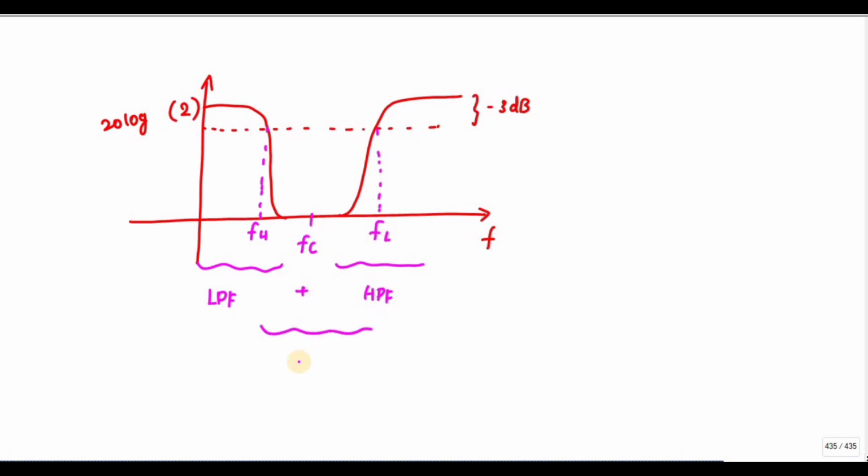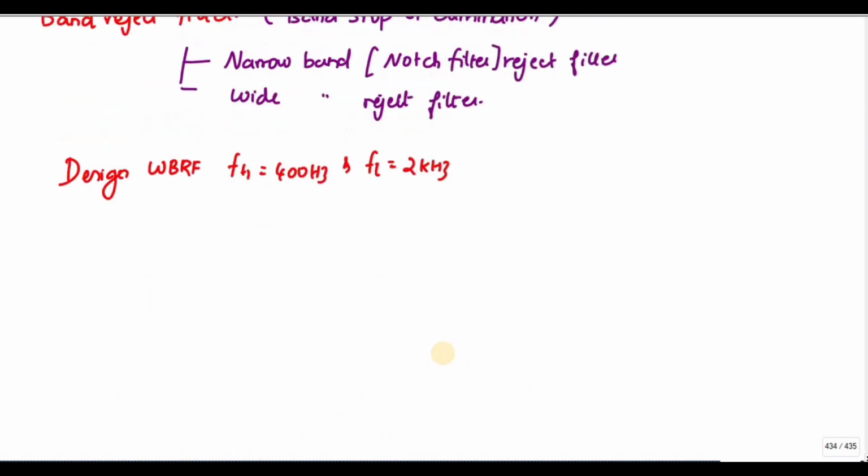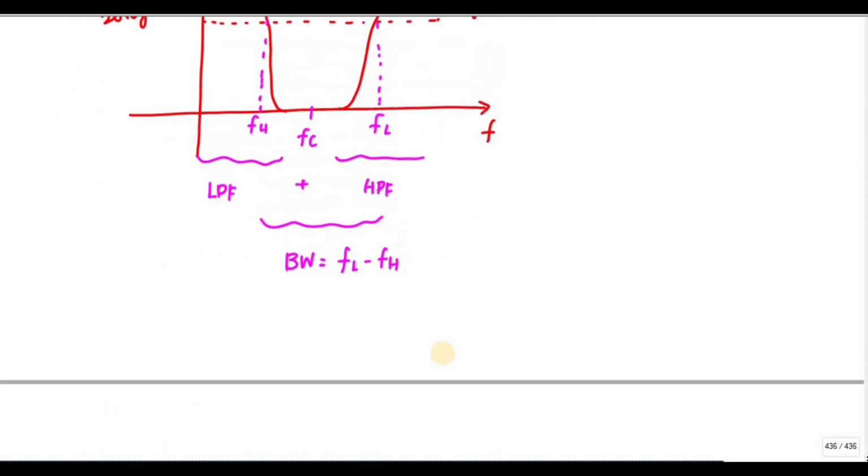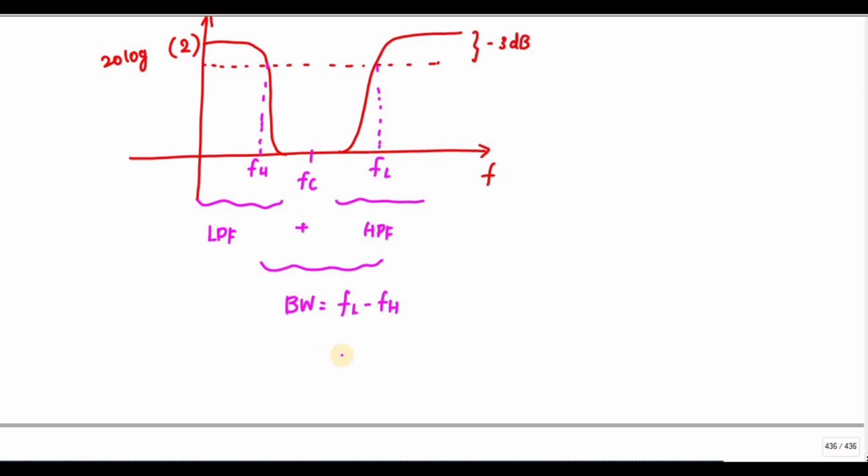So the bandwidth is FL minus FH. What is my FL value? FL is 2 kilohertz, minus FH which is 400. So the answer is 1600 hertz.